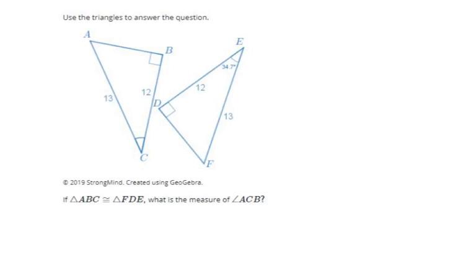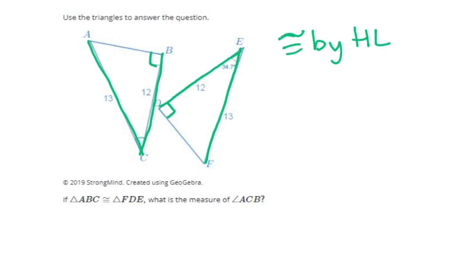Next part. Again, they tell us that they are congruent, and let's look at how they're congruent. What information were they giving us? First, we can see it's a right triangle, so most likely they're going to use hypotenuse leg, and they did. Here's the hypotenuse, the same as that hypotenuse. And here is this leg, and it's the same as that leg. So we can see that they're congruent by hypotenuse leg. And then we look at the other information they gave us.